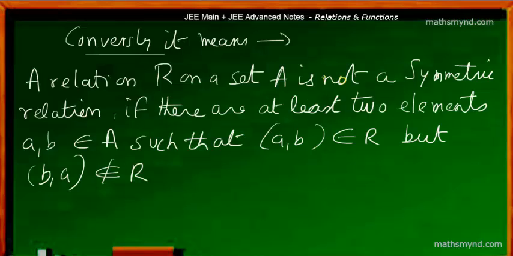So that's what I mentioned in the beginning. If AB is present in the relation, there should be a BA. If BA is not present, then naturally that relation is not symmetric.